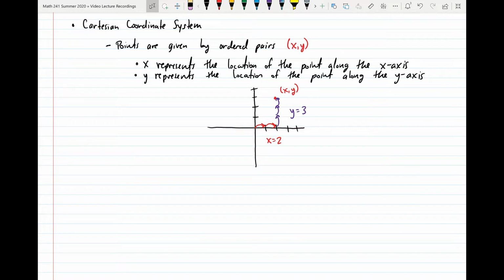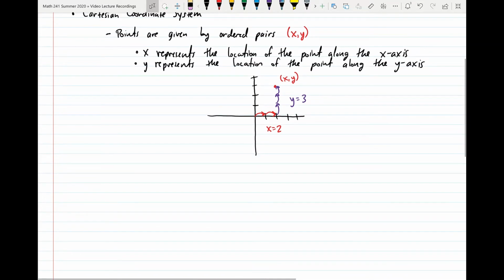If I want to tell somebody else exactly what location I'm talking about in the plane, it suffices for me to tell them where that point is in location to the x-axis and where that point is in location to the y-axis. But this is not the only way to specify what points I'm talking about in the plane.